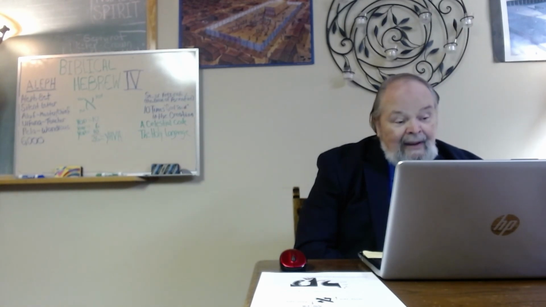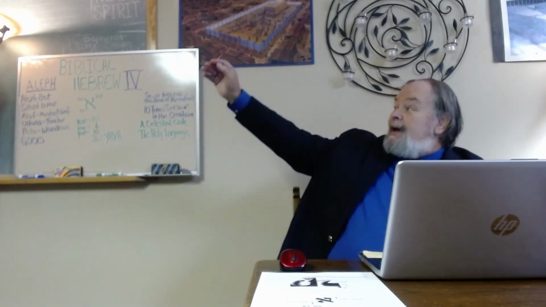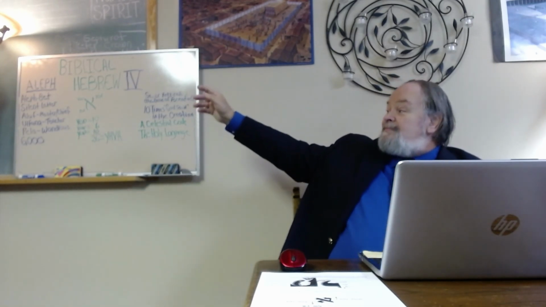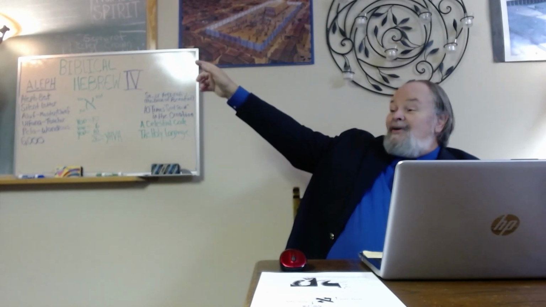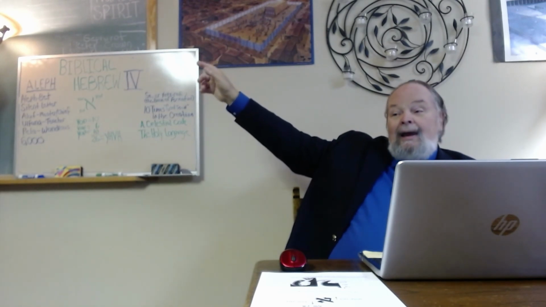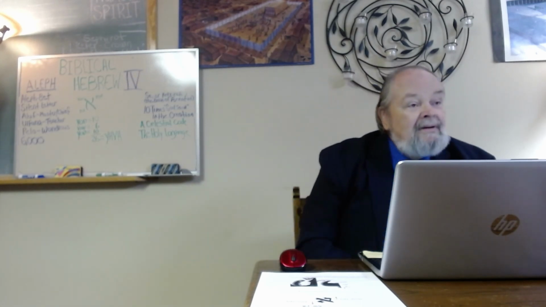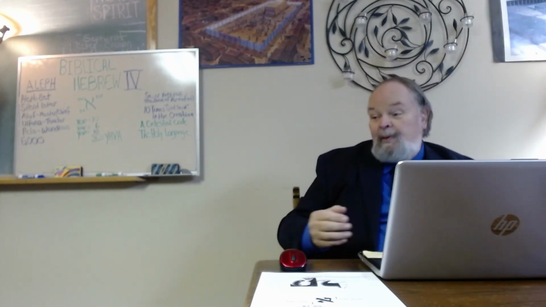Each one of them has a numerical value, and together they equal 26, which is the same as the Yod He Vav He, which you will see in red in the very top left-hand corner. That is the holy name of God that the Jews consider too holy to speak.